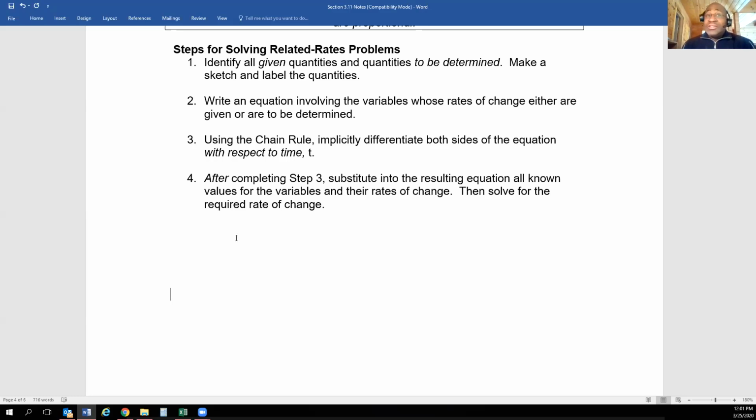Third, using the chain rule and implicit differentiation, differentiate both sides of the equation with respect to time, t. Then substitute into the resulting equation all the known values for the variables and their various rates of change. And once you do that, you can solve for the required rate of change. All right, so that's the basic rundown for solving these types of problems.